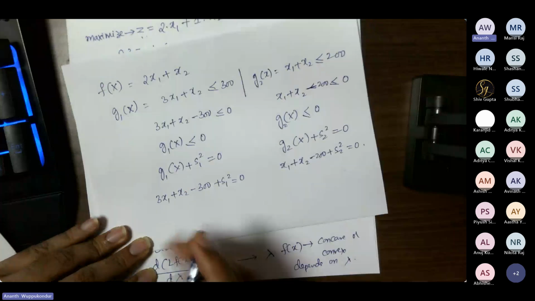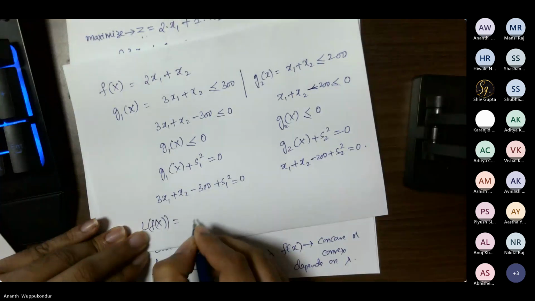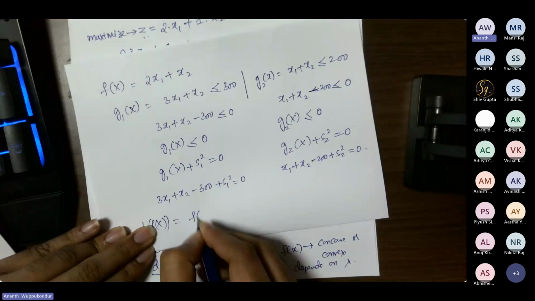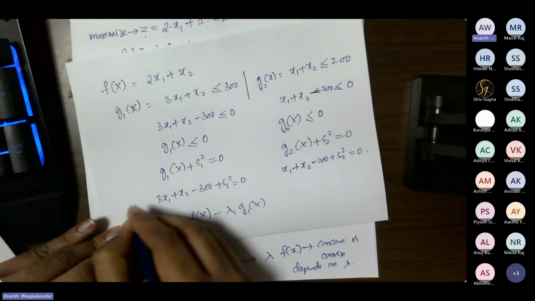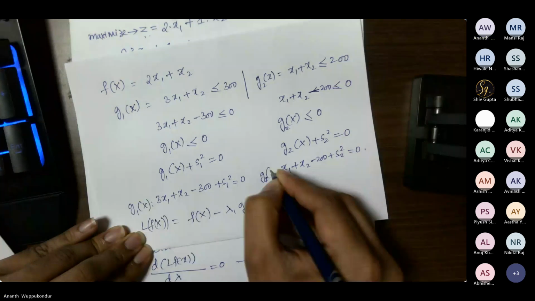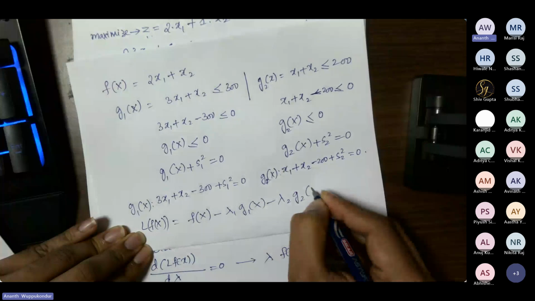Now, if I apply the Lagrangian multiplier method, this is what we need to do. So this becomes my new G1 of x and G2 of x, minus lambda 2 G2 of x.